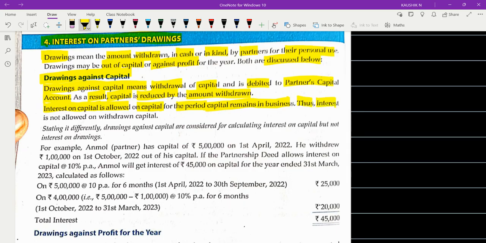Thus interest is not allowed on the withdrawn capital. Say for example, I have 1 lakh rupees as my opening capital. I have not done any withdrawals. I'm giving two situations. Case one: my capital is 1 lakh rupees. No drawings.